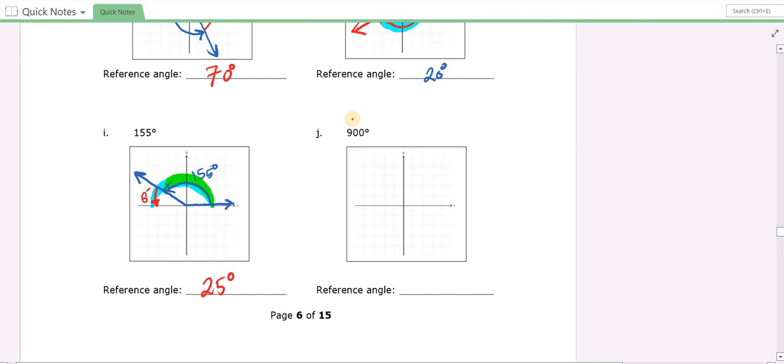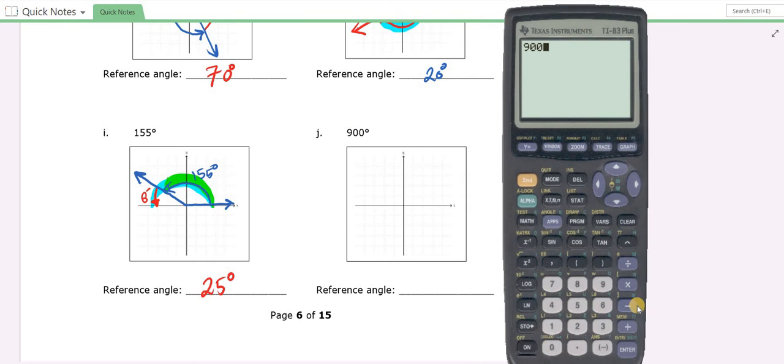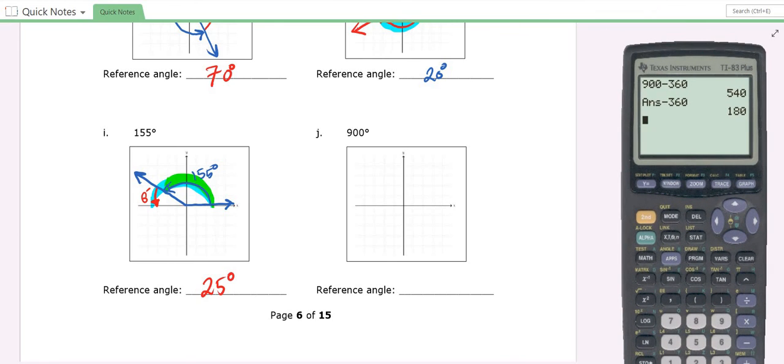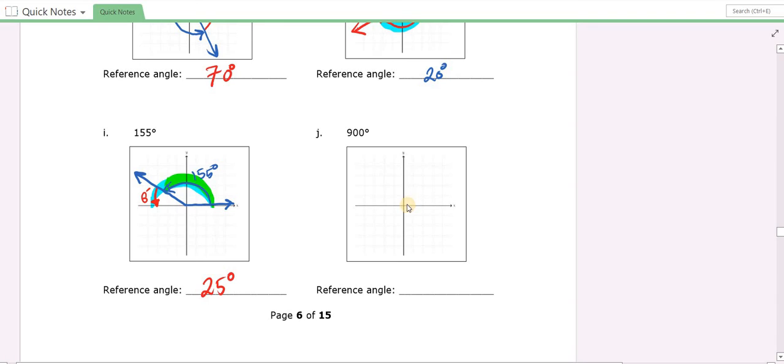Now 900 degrees. If we take 900 and keep subtracting 360 to find where we're going to draw our angle, it's still bigger than 360, and it gave us 180 degrees. So this is going to be the initial side, and we have 2 revolutions. So 1 revolution, and then 2 revolutions, and then we have an extra 180 degrees. Okay, so this is basically where the terminal side of the angle is going to end up, the green part right there.